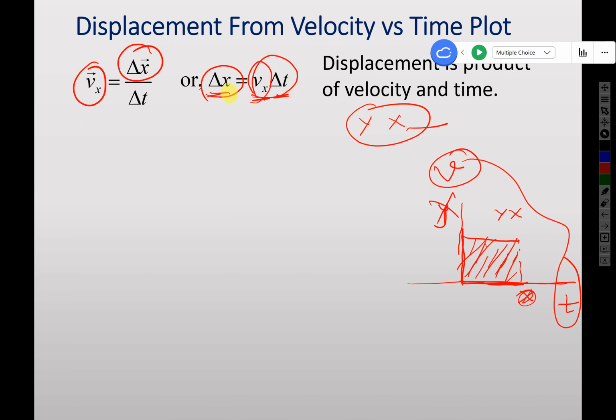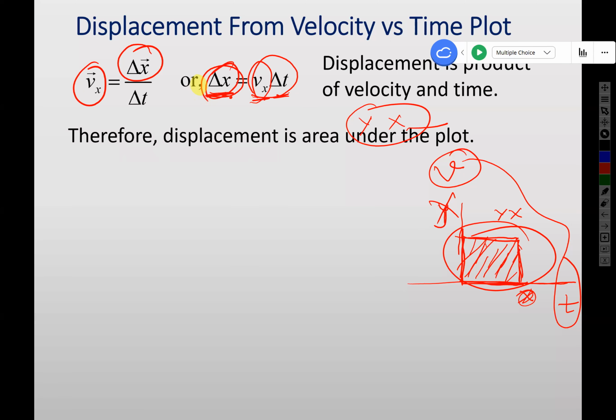Product of v and t is displacement, and product of v and t in a graph is area. So that means displacement is the same as the area under that plot. That's the important thing you want to remember, and hopefully you understood why that's the case.